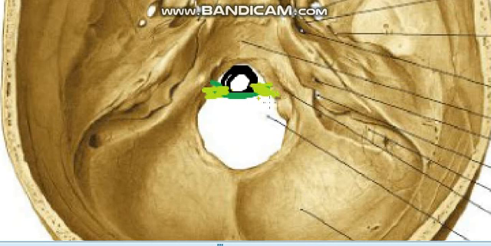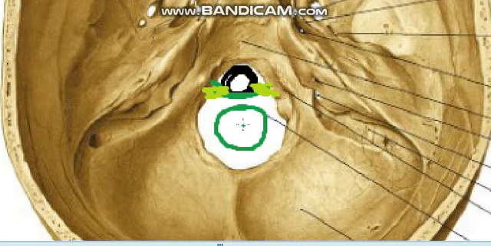Now in this posterior space that you have left, you have the passage of the medulla oblongata. So you must keep in mind that the part of the brain which passes through the foramen magnum is not exactly the spinal cord, it is still the medulla oblongata, because the junction between the medulla oblongata and the spinal cord is at the level of the upper margin of the arch of the atlas.